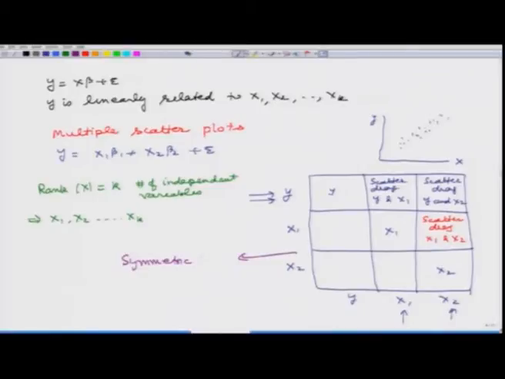Symmetric in the sense that whatever the picture is here, the same picture will be here, and the same picture will be here, and the same picture will be here. So, this is how, using the concept of the multiple scatter diagram, we decide whether the relationship between y and all of x1, x2, xk is linear or not.